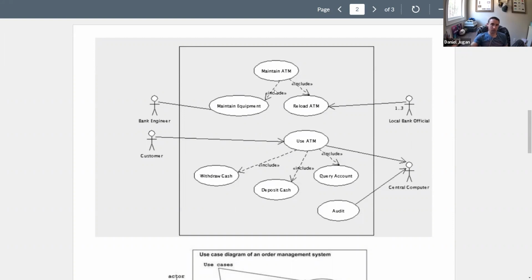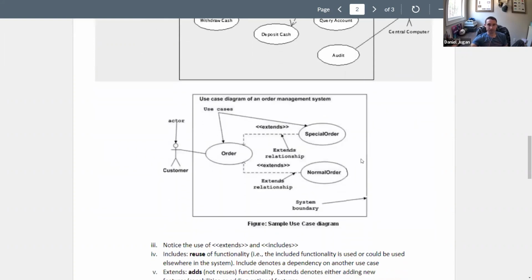So just keep that in mind. This is a very complex example, so don't be stressed out by this one. We're going to look at some more basic examples here in just a second, but I do want to cover a couple additional terms and aspects of these use case diagrams.